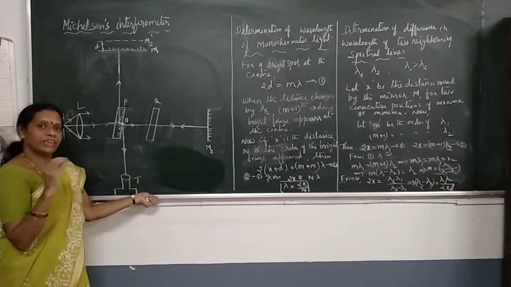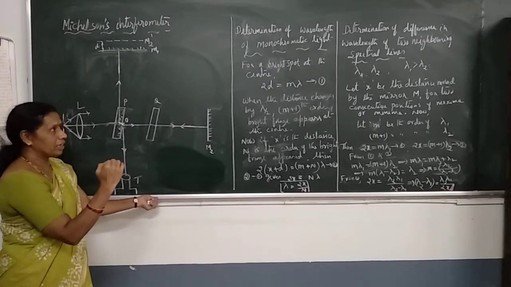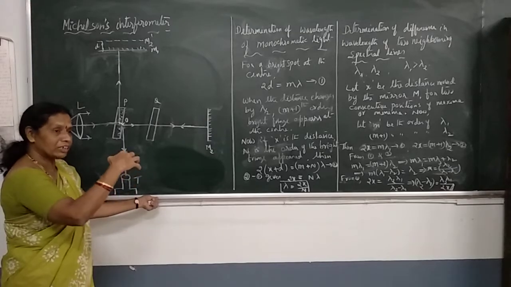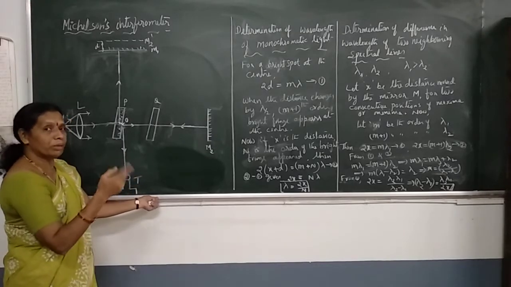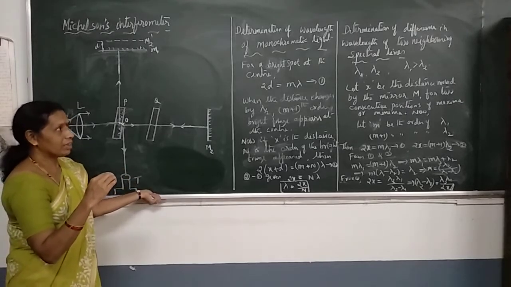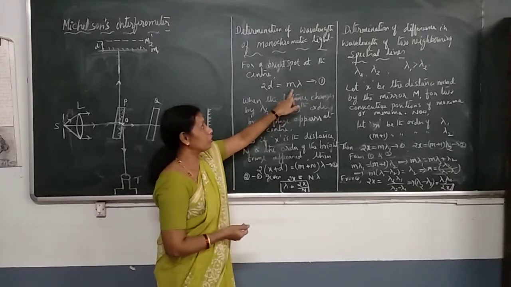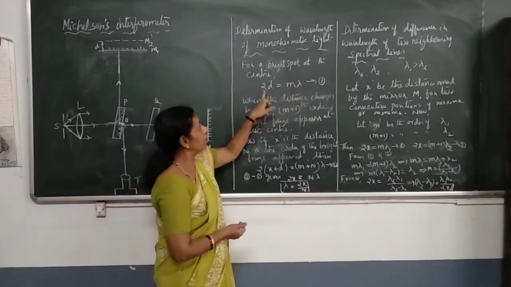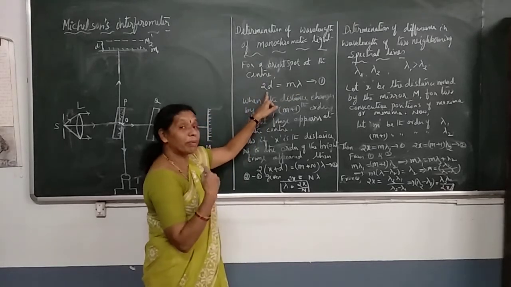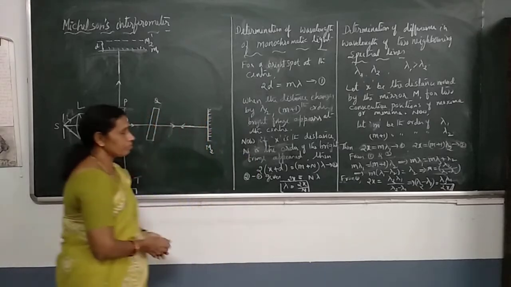Here the distance D is moved by lambda by 2, so that a bright spot appears. Total distance 2D becomes lambda, so that a bright spot appears for that distance D. Then we can write the relation as 2D is equal to m lambda. A bright spot of order m has appeared. Then for that bright spot at the center, the expression for path difference becomes 2D equal to m lambda.